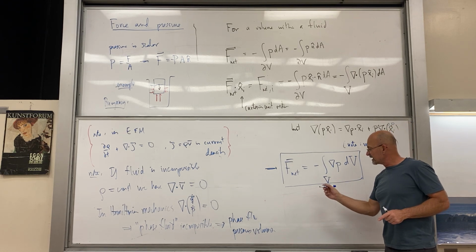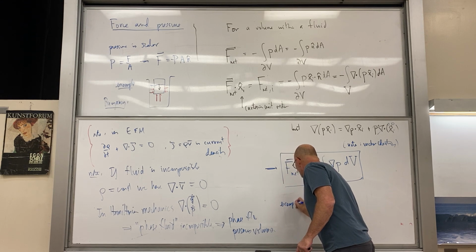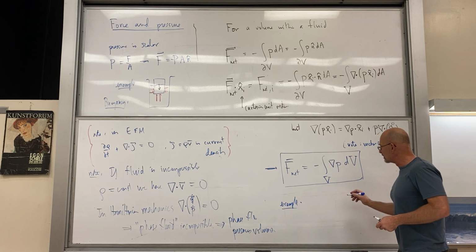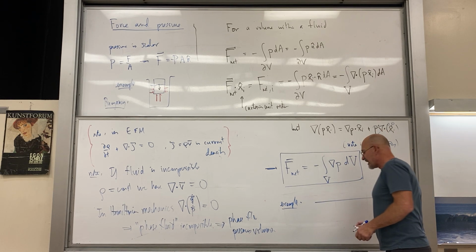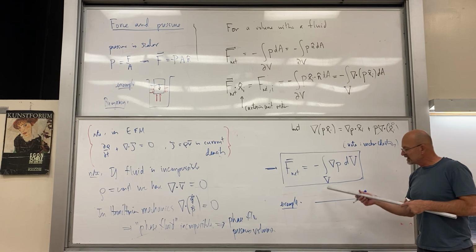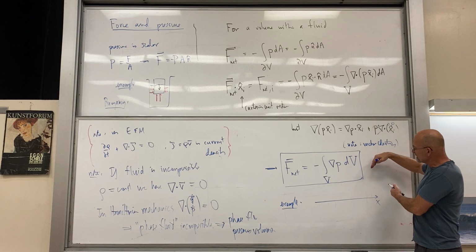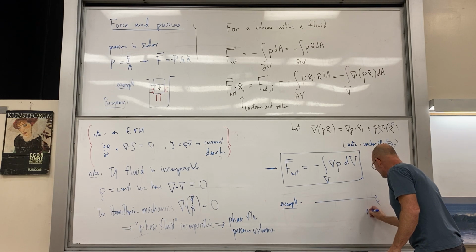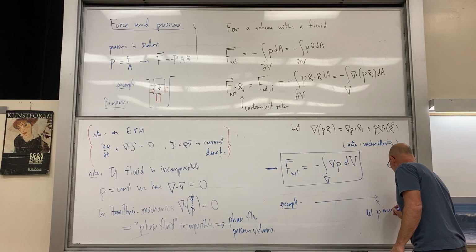Let me give an illustration though before we go on, because the minus sign is physically motivated now as well. Suppose we have, in the positive x direction here, an increasing pressure. So let P increase with x.